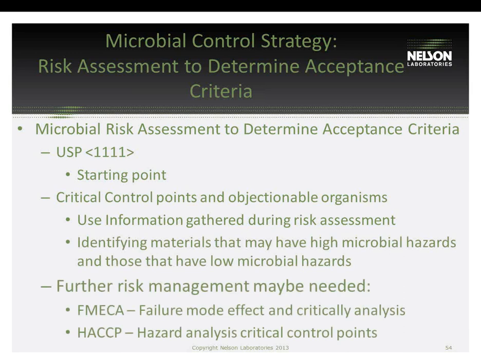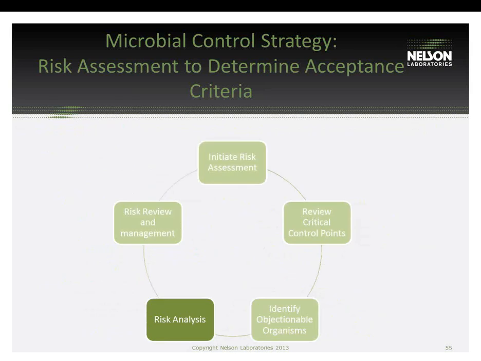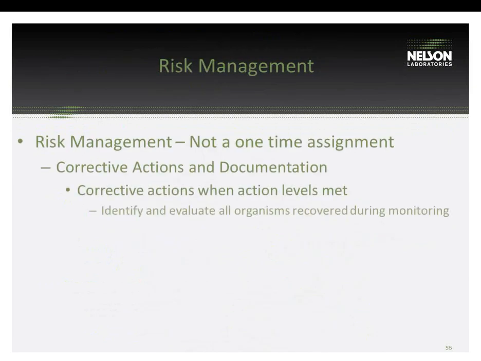But a further risk management may need to be performed. For example, failure mode effects and criticality analysis, or hazard analysis critical control points, which is used in the food industry and is common in the pharmaceutical industry. And then risk management.